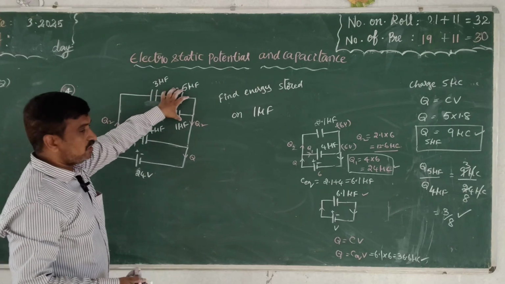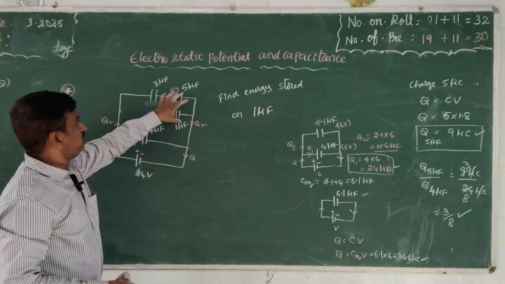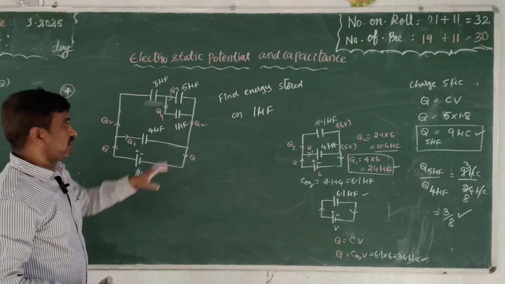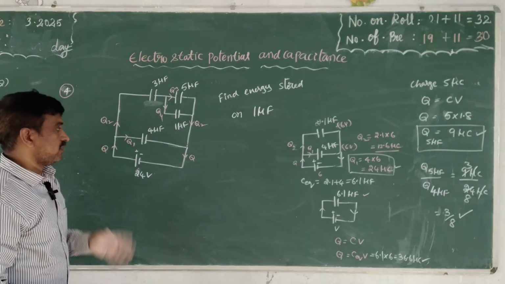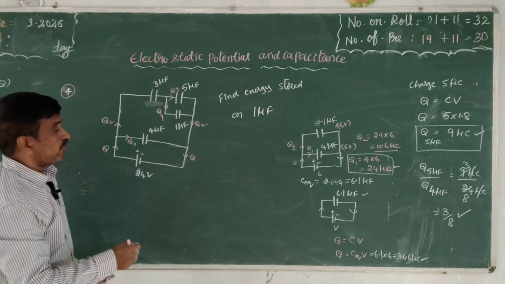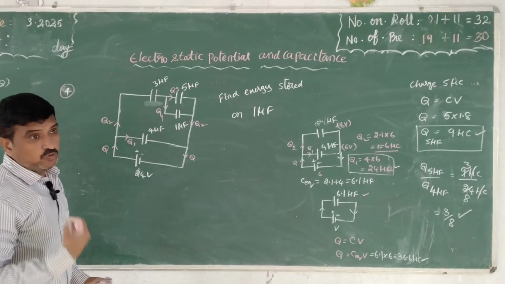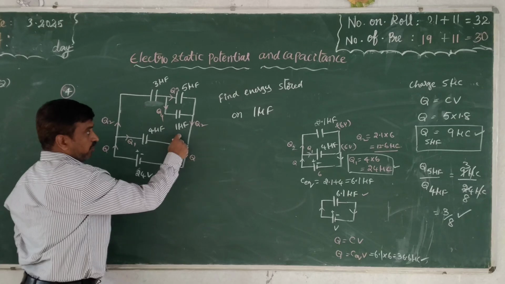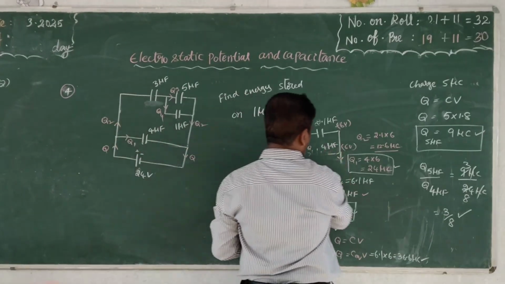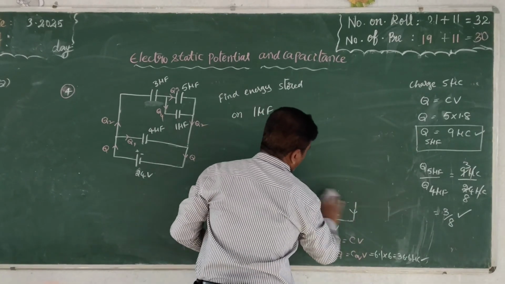Here again charge is divided, so this resultant is in series with this one. What is the energy stored on 1 microfarad? For finding energy we want q and c. C we know, we want to find the charge q4. Same as before, finally we can find the energy.